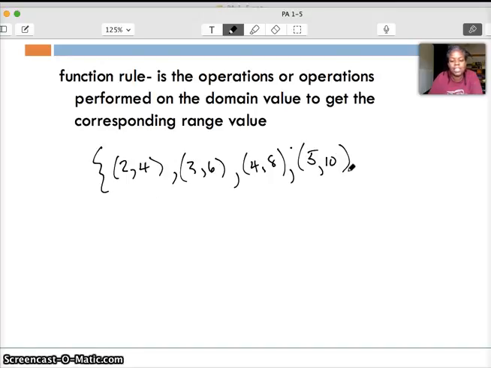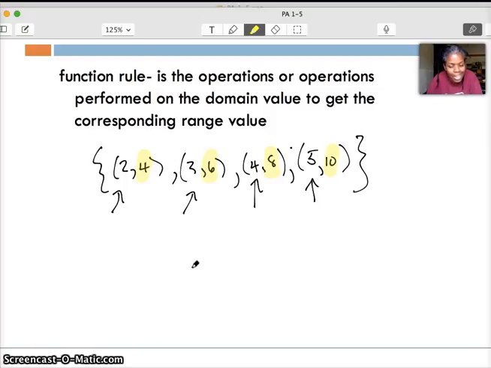Let's say this was the function that I wanted to illustrate. And it is a function because 2 only goes to 4, 3 only goes to 6, and so on. And if I wanted to describe this relationship, what do I do with each member of the domain, these guys that I'm putting an arrow next to, in order to get the range, these things that I'm highlighting in yellow?